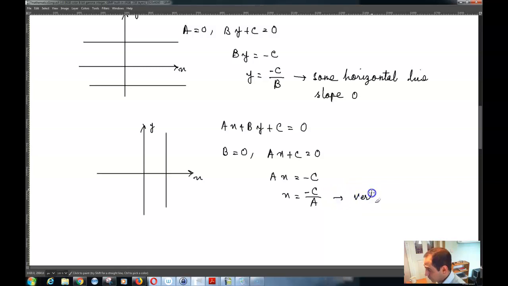So it's going to be some vertical line, and in this case the slope is undefined.